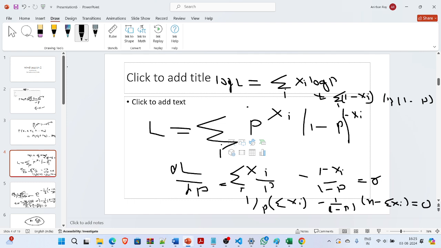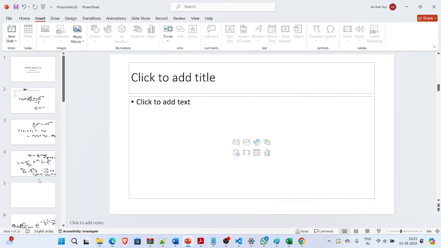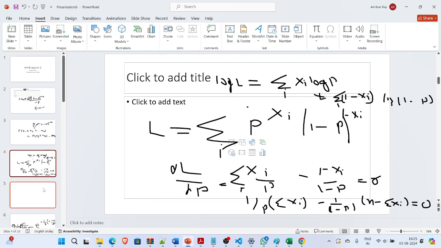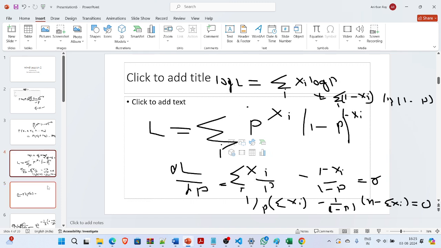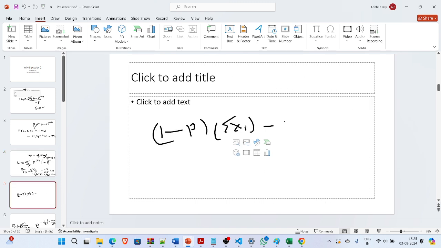Nice. So next we'll take the LCM here, and what you get is 1 minus p times summation of xi minus p times n minus summation of xi.